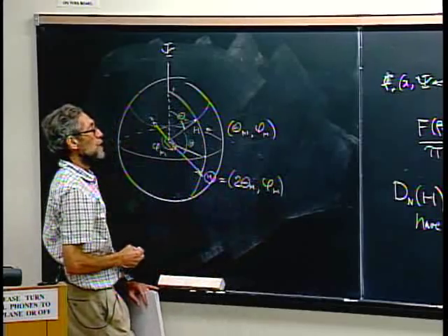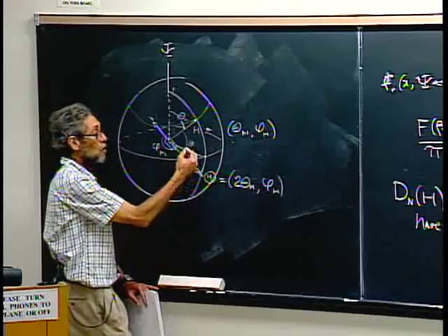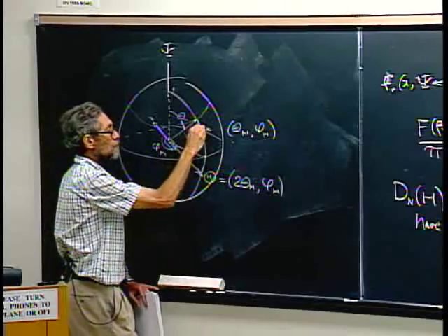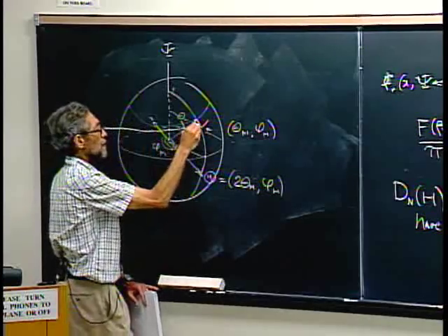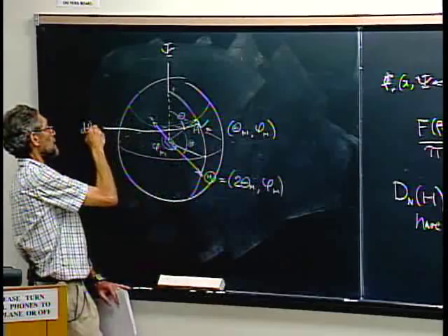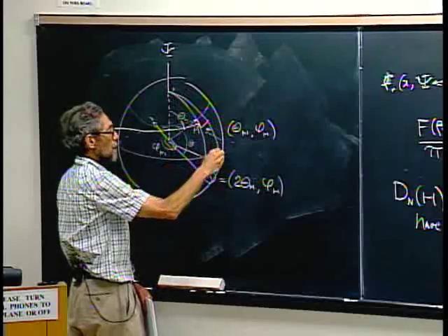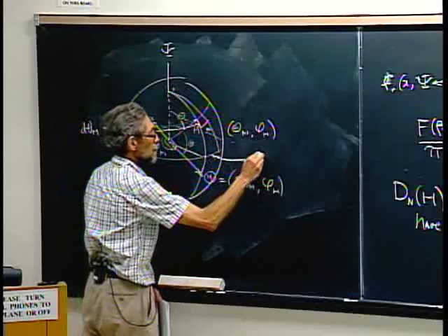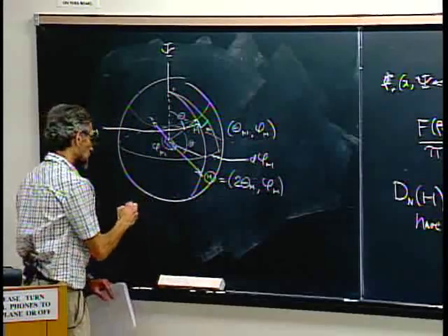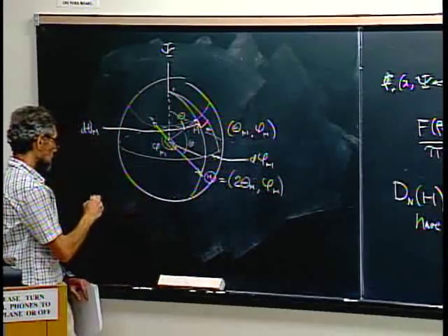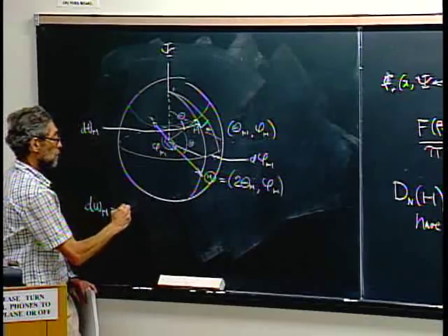Okay, but what we're really interested in is how solid angle changes from here to here. Right? So suppose we have this, here is d theta h, and over here is a d phi of h. Right? Then the solid angle d omega for h, what is it going to be?